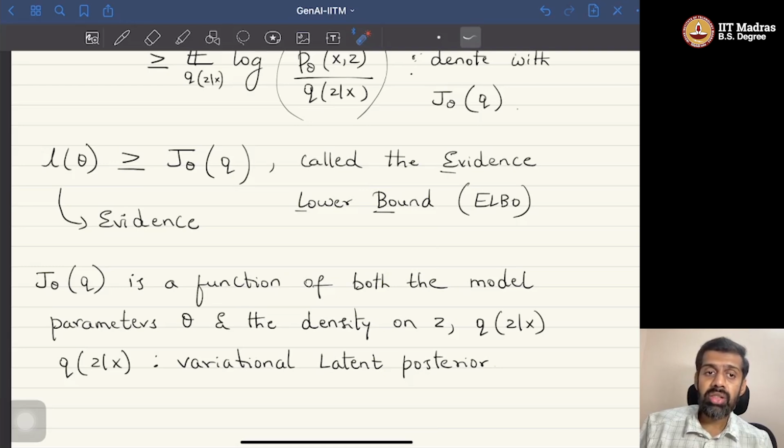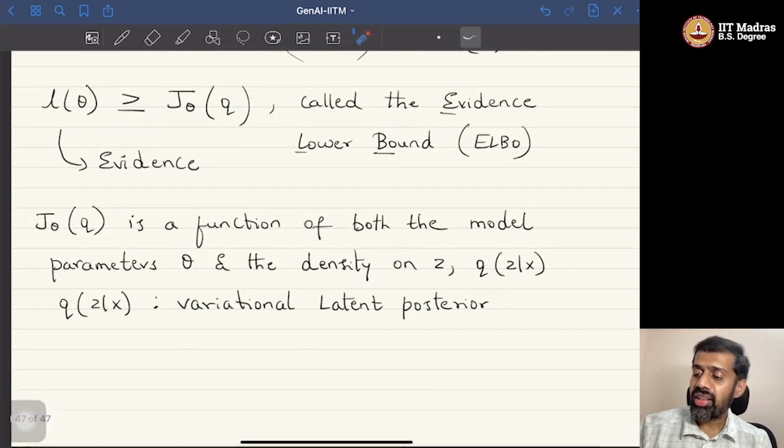Now the branch of calculus that describes how to optimize over functions is called variational calculus, and the functions that get optimized are called variational functions or variational distributions, and hence the name variational latent posterior. But the point to be taken here is that the lower bound that we constructed on the likelihood happens to be a function of both the model parameters theta and the density that we have imposed on the latent variable, called the variational latent posterior.